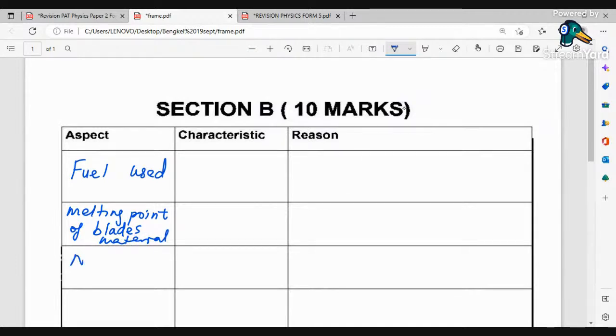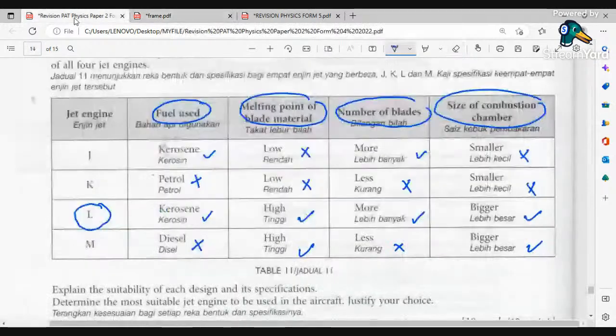Then number of blade and size of combustion chamber.